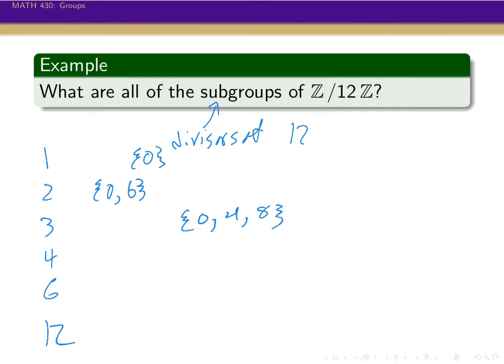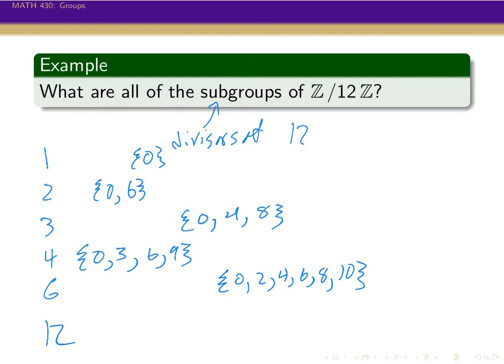The subgroup of order 4 is going to be generated by 12 divided by 4. And so this is going to be 0, 3, 6, 9. If I add 3 again, I get back to 12. The subgroup of order 6 is going to be generated by 12 divided by 6, which is 2. So it's 0, 2, 4, 6, 8, 10.